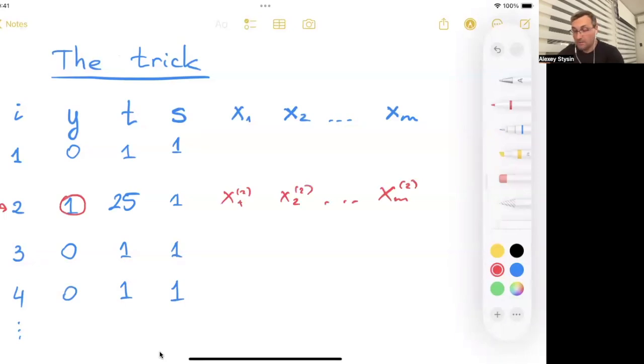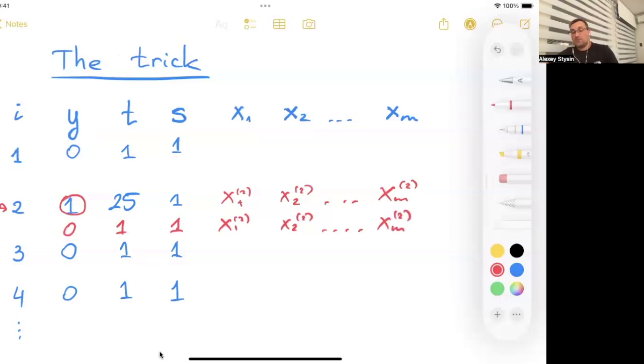So we are going to copy this exactly like this, with the same features, but we are going to put a 0 for the label, for the target. We are going to put 1 here, and we are going to put 1 here.